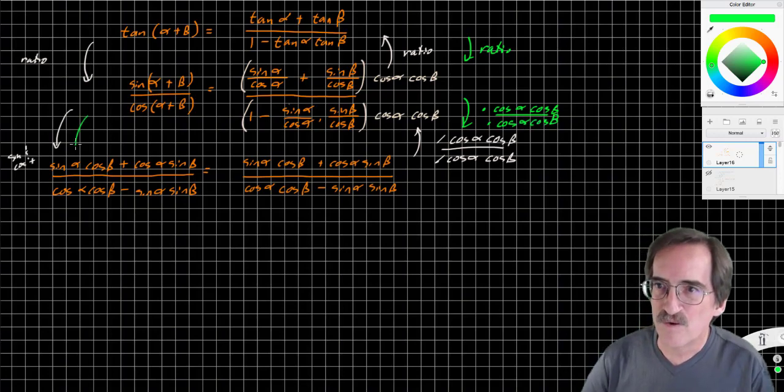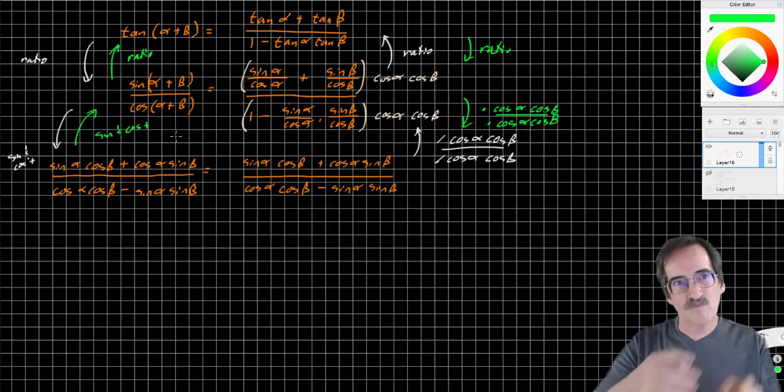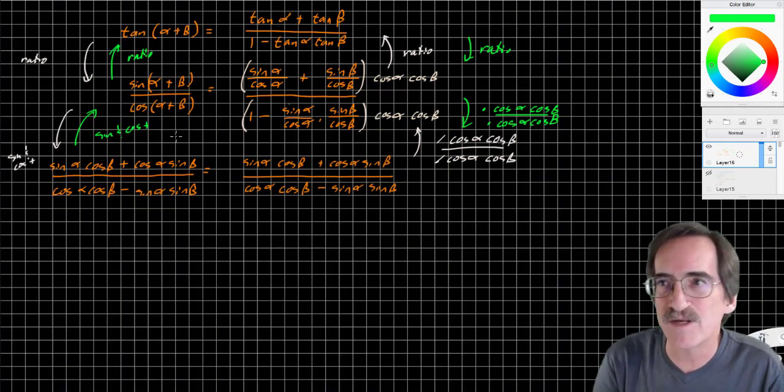And then going from here to here, use the sine and cosine addition identities. And then from here to here, use the ratio identity for tangent. So this is reversible. It works one direction as well as the other direction. So it does prove the identity.